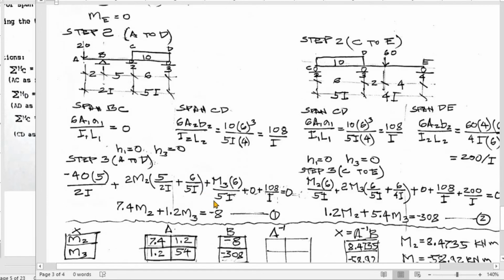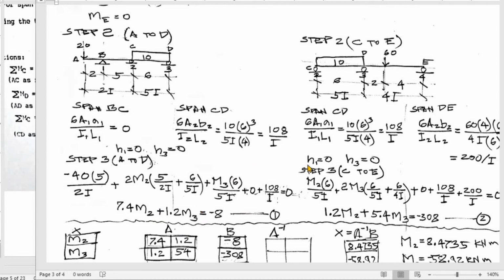So, merong value yung M3. Okay? So, this is M1 to M2 plus M3 all over I. This will not be equal to 0. That is now your other unknown. Okay? So, meron tayong M2 tsaka M3 equal to negative 8. So, this is our equation 1.